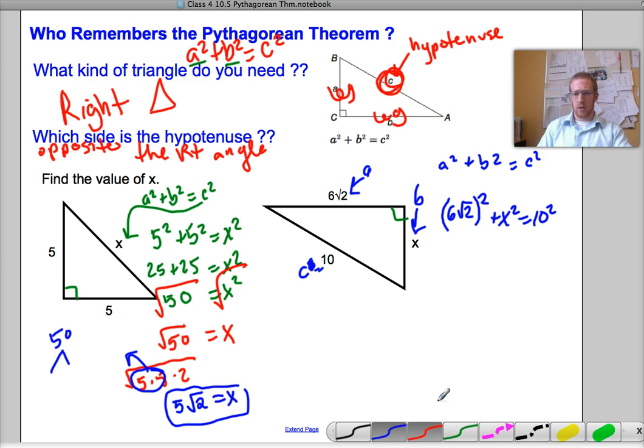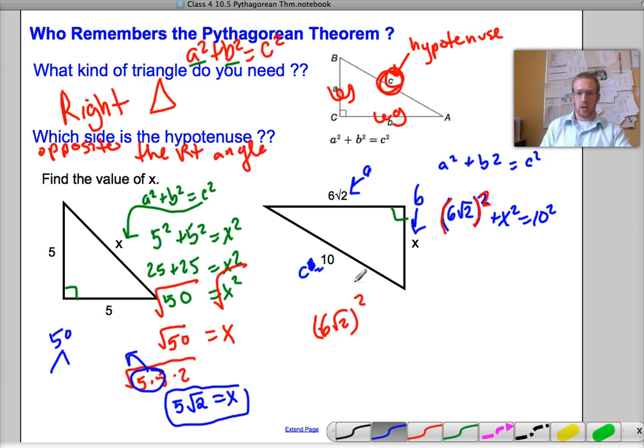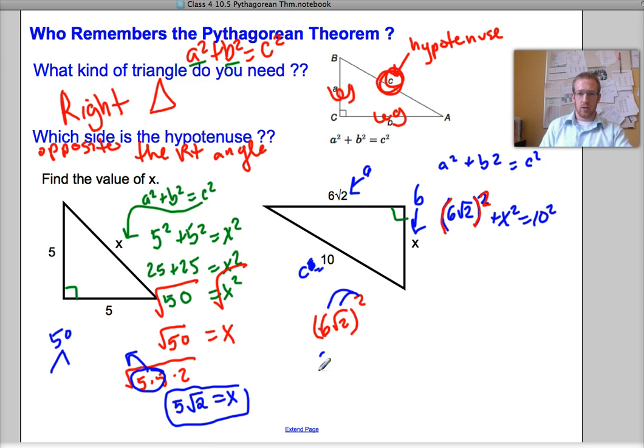So I'm going to do this part right here off to the side so that you don't get lost in what I'm doing here. So that is 6 root 2 squared. I've got to apply that exponent to each of the numbers in there. So that's really 6 squared times root 2 squared. So it's 36. The square root of 2 squared is just 2.